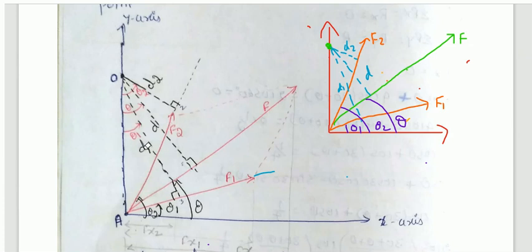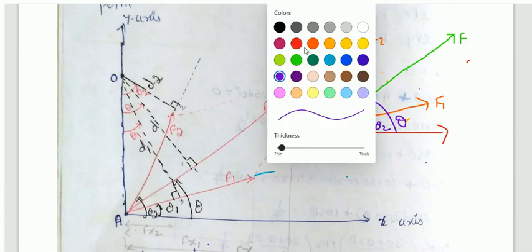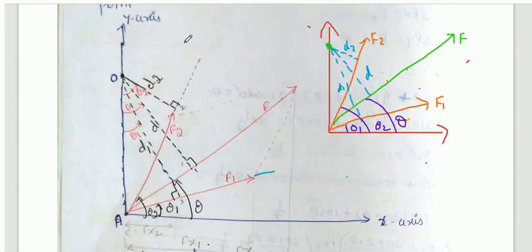So now, using the triangles, you can observe the different triangles here. Using those we need to prove Varignon's theorem. Observe, we have a triangle because of the F1 force, where one side is the same, and this is one of the triangles, that is OA.